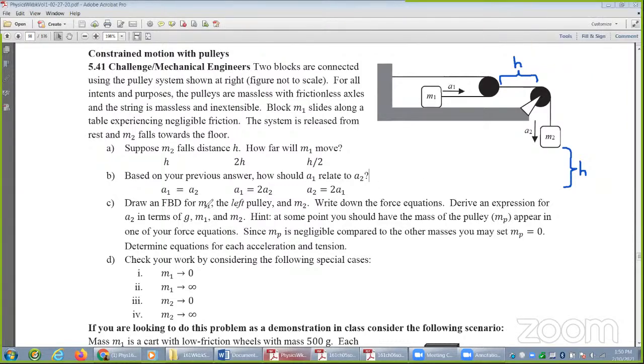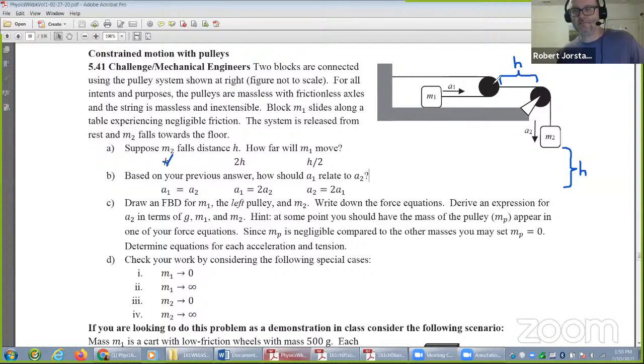I don't think this is correct, but my intuition's telling me it's going to move 2h. Okay, so let's see. If this pulley moves this far, so let's say we put the pulley right here. Now I probably should have used a smaller value. Let me clear this. Let me use an eraser here. Actually, let me use a smaller distance so it's easier to label. I think you're right.